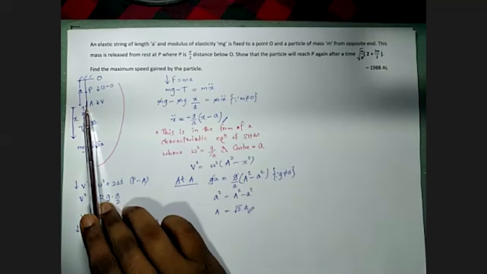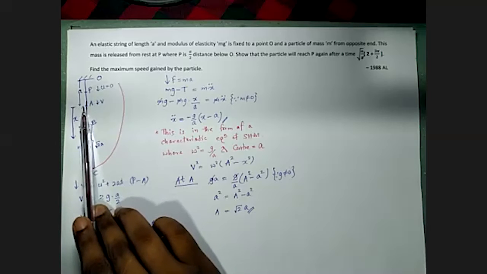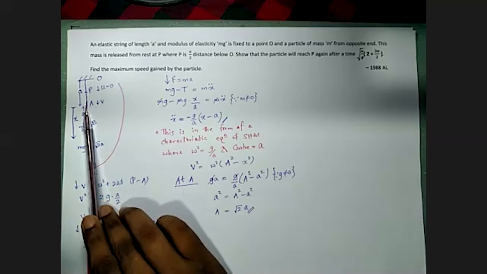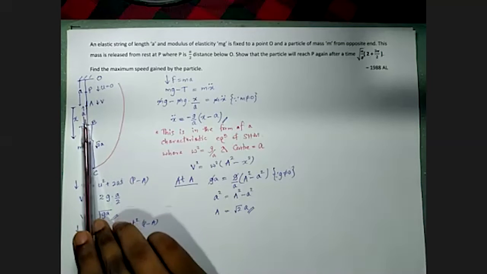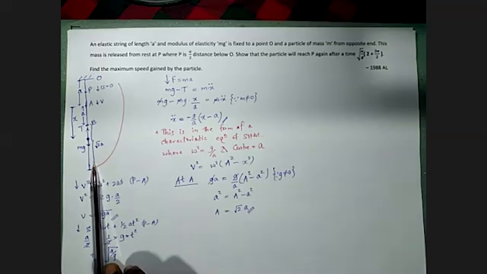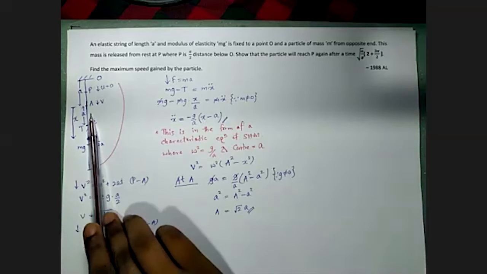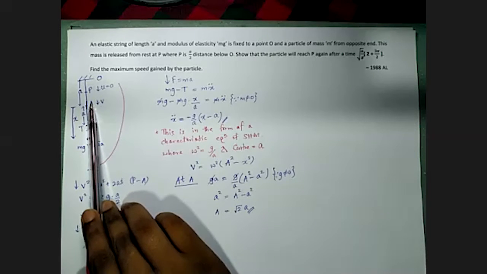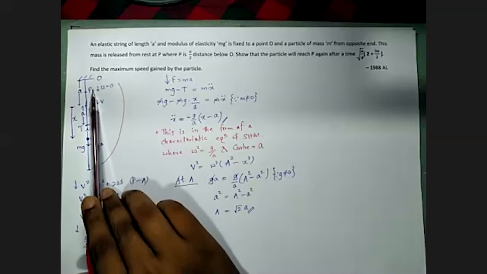to A, that is a motion under gravity, because the natural length of the string is simple A up to capital A point. Therefore, from P to A, it will move down under gravity. After A, it will stretch downwards and it will move up again. And when it reaches capital A, the string is going to fold.